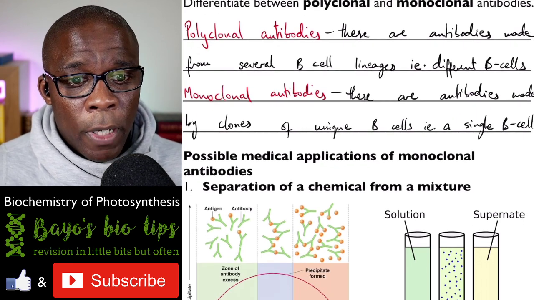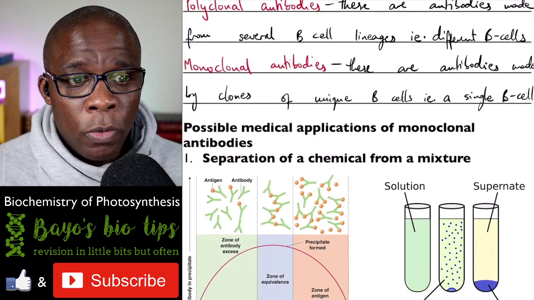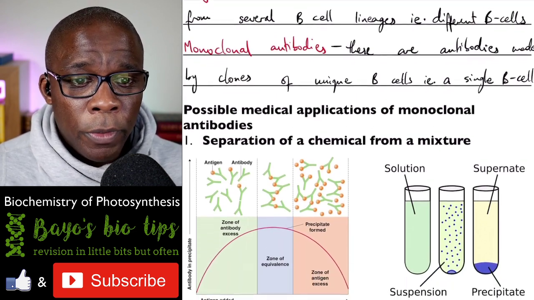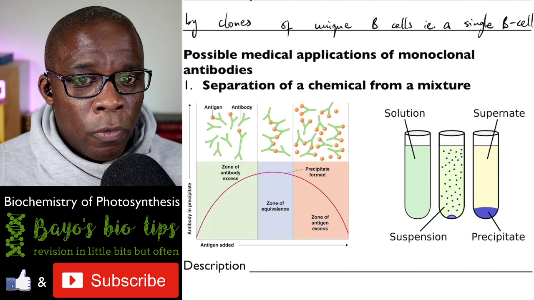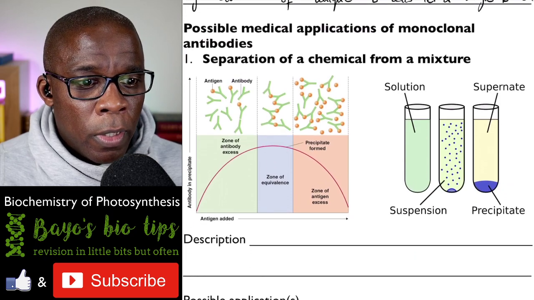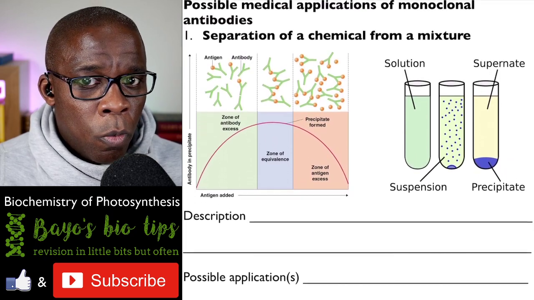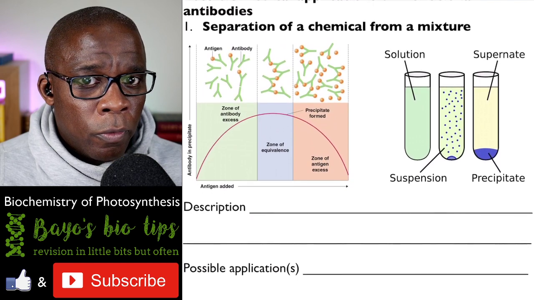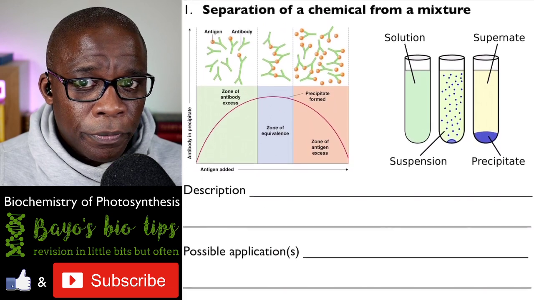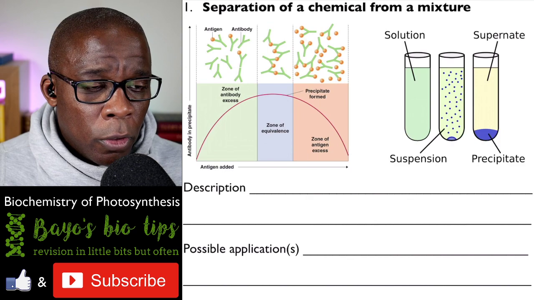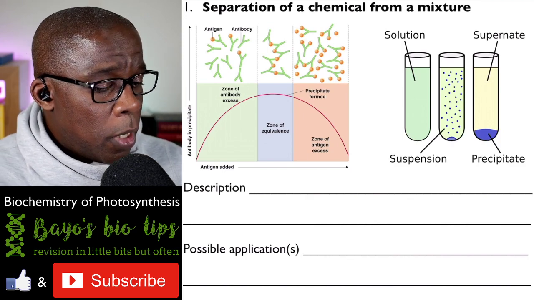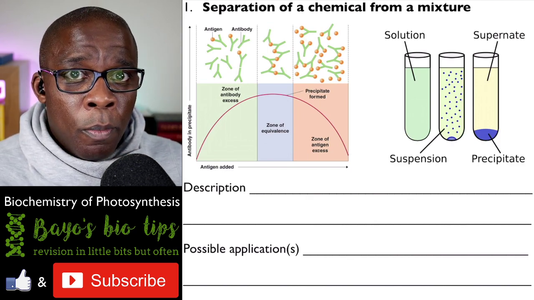So we need to think about what you can actually use monoclonal antibodies for. So here you've got a representation in the diagrams I've provided showing one of the uses of monoclonal antibodies. So basically, monoclonal antibodies, for the most part, tend to be monovalent.